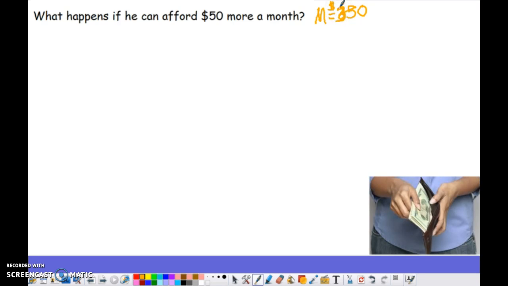So again, everything else is exactly the same as the last problem; just M is going to change to $350. So let's go ahead and plug that in.